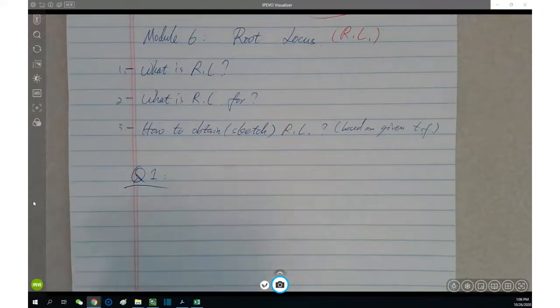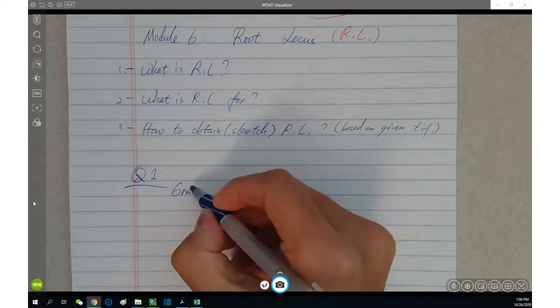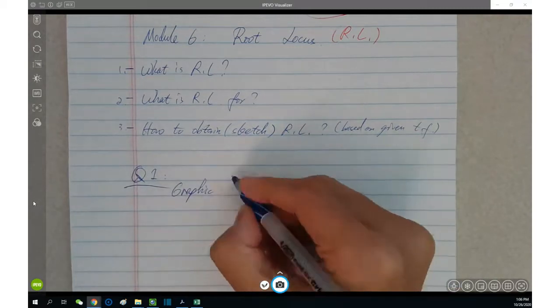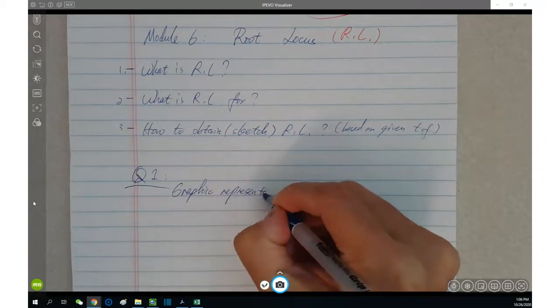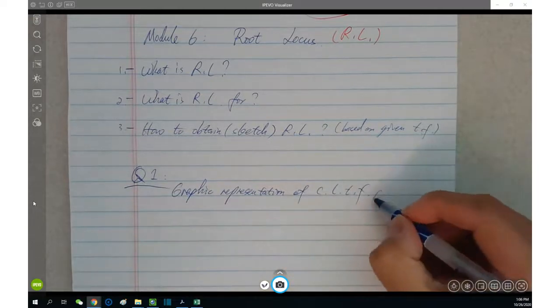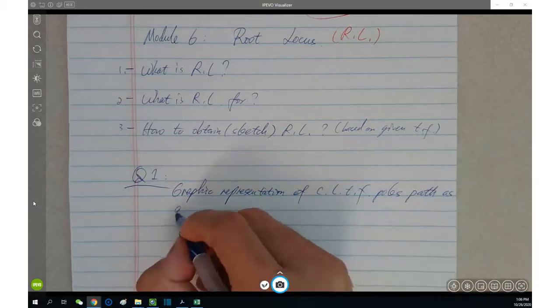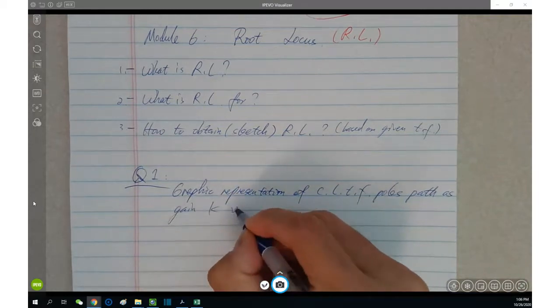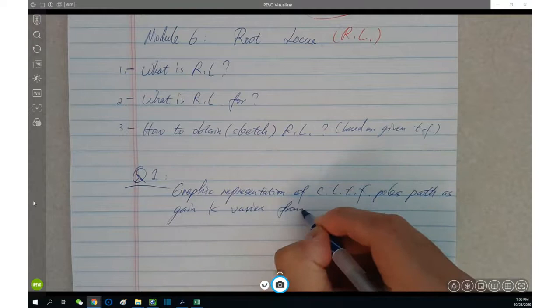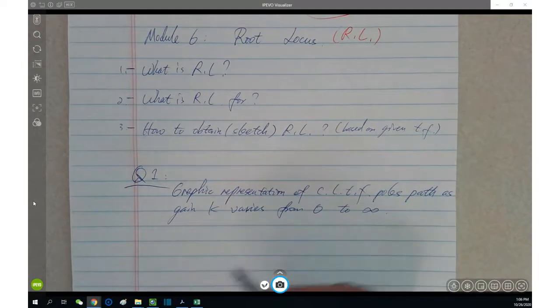The definition is like this: a graphic representation of closed loop transfer function poles as K varies from 0 to infinity. This is a kind of definition.